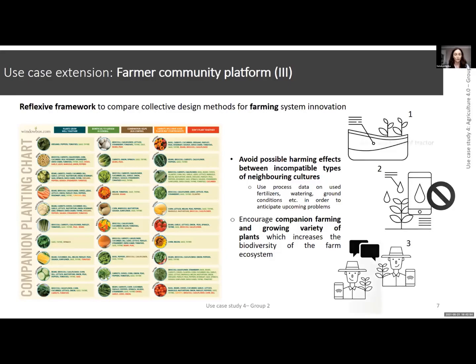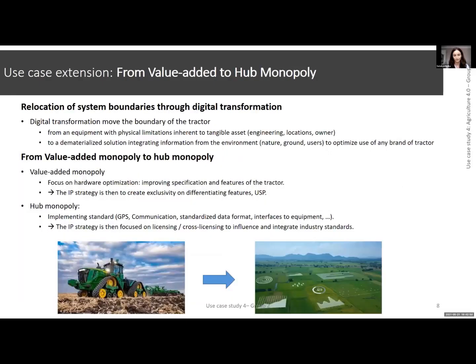So now we can move further to talk about the IP strategies. One question that comes with digital transformation is how does this move the boundaries of the system? From a product and development standpoint, we could say that the focus was to develop equipment with physical limitations inherent to tangible assets.